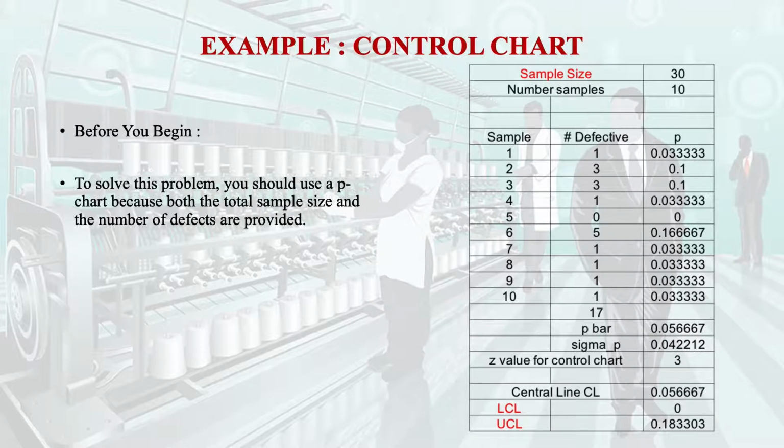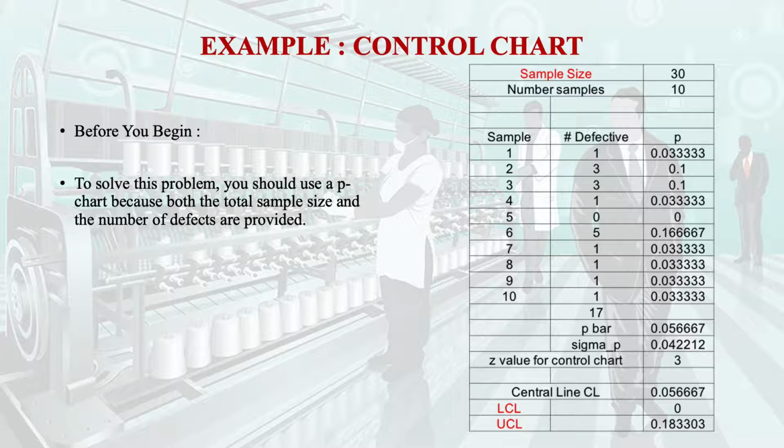You can use an Excel sheet, and I have also drawn the Excel sheet to solve your problem, and you will find it very easy if you start learning how to make the formula in your Excel sheet. We have to draw the P chart because both the total sample size and the number of defects are provided. You just see the last row.